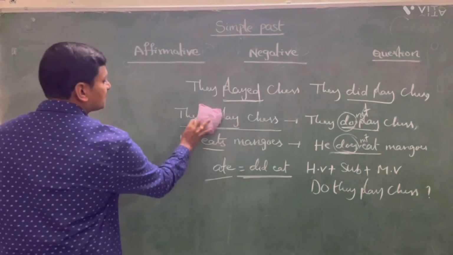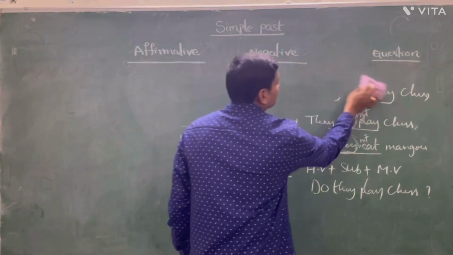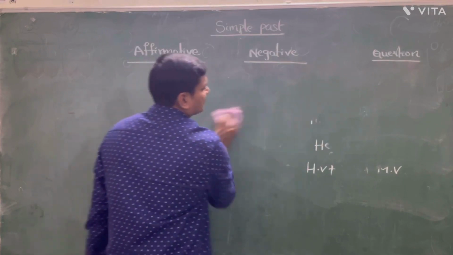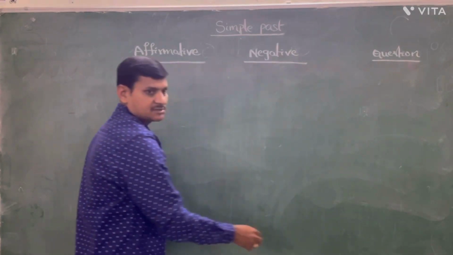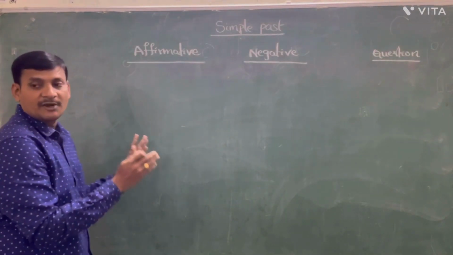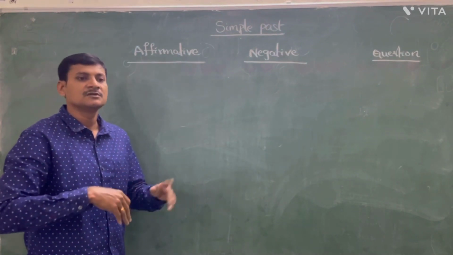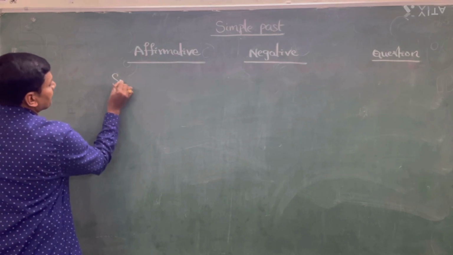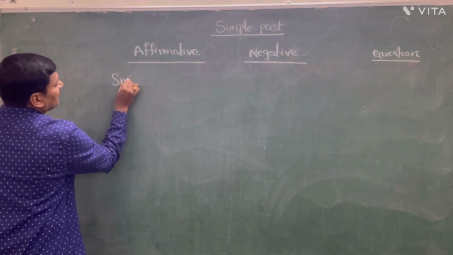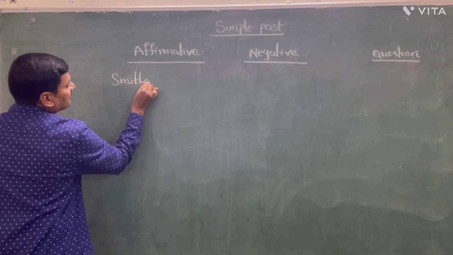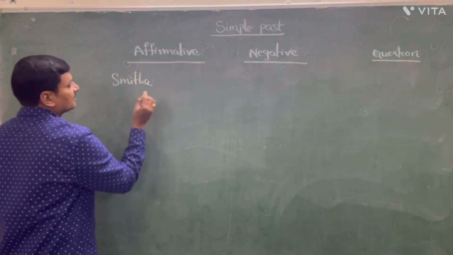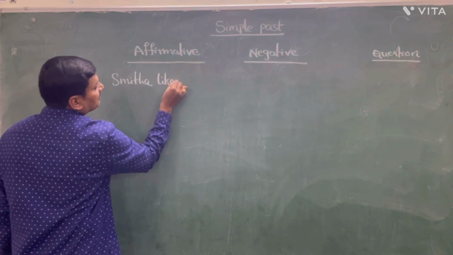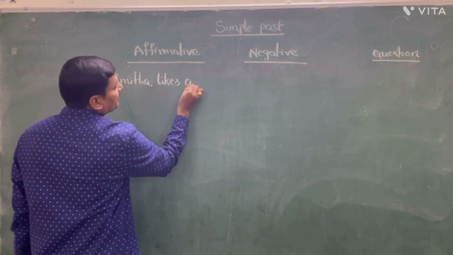Now we are going to write some more sentences in simple past, not only that, negatives and the question mark sentences. Okay? First, affirmative. Affirmative is a positive sentence. For example, Smita likes apples.